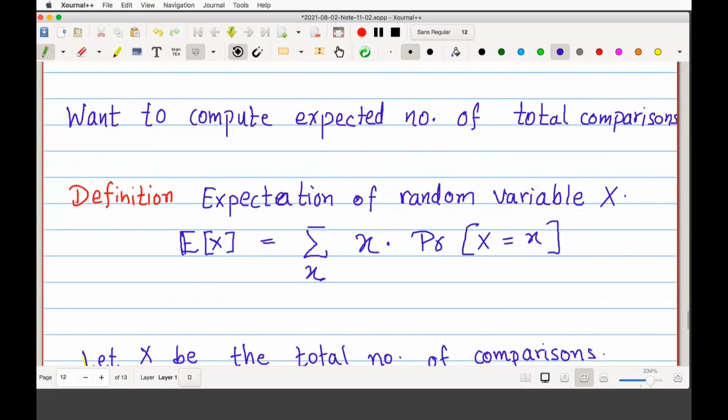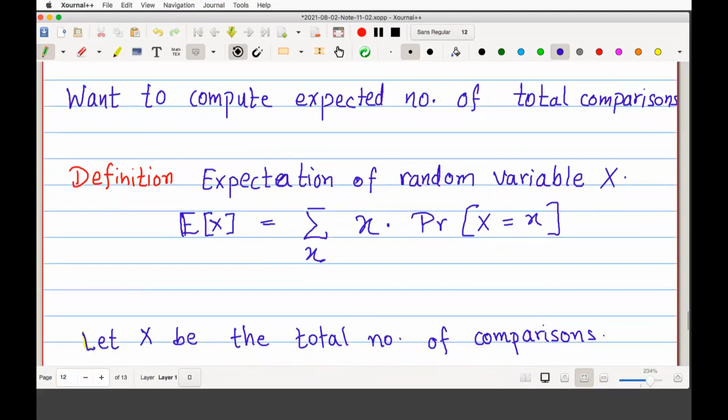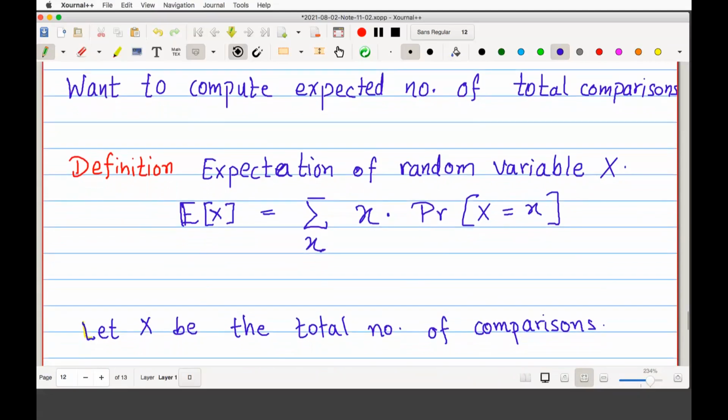Okay, so that is the definition. It's some kind of probabilistic average, right? That's what we call the expected value of a random variable, and that's what we want to estimate for the total number of comparisons. So any questions about this definition?